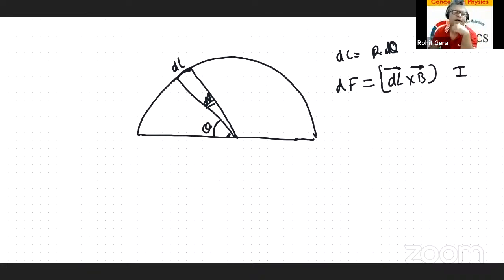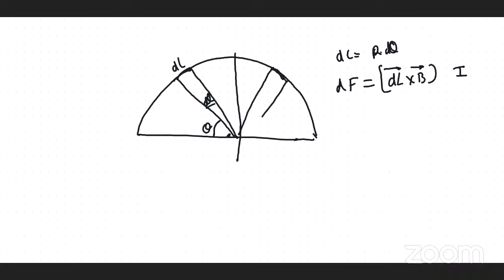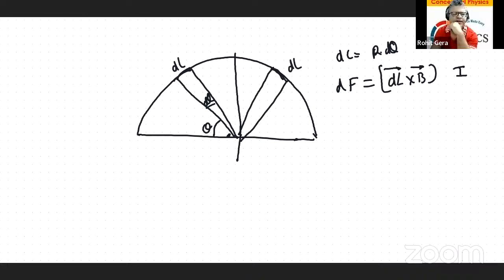Right? If you consider any small part on this, there is a corresponding small part in the other part also here, which is symmetrical. Okay, this is dl. So if you consider this to be dl and this is another dl, if you resolve this dl, you will get this. If you resolve this dl, you will get this.